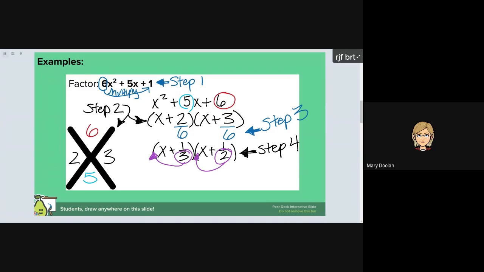So this is step 5. So our answer is going to turn into 3x plus 1 times 2x plus 1. And that is the solution.